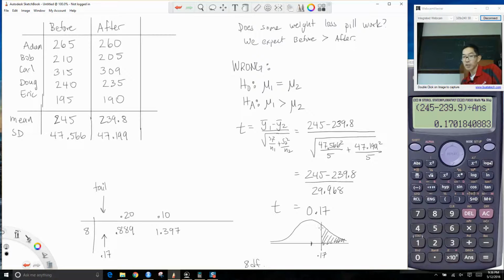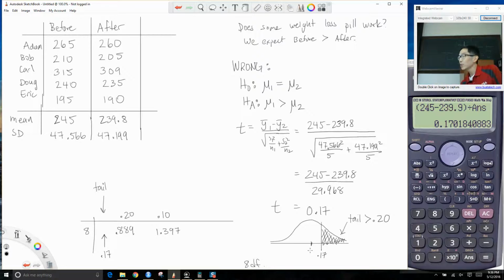So this area, I don't know exactly what it is, but according to the t table, this tail area is greater than 20%, and also less than 50%, because from our picture we can see it's going to be less than 50%, but we know it's more than 20%. It's probably close to 40% or something.